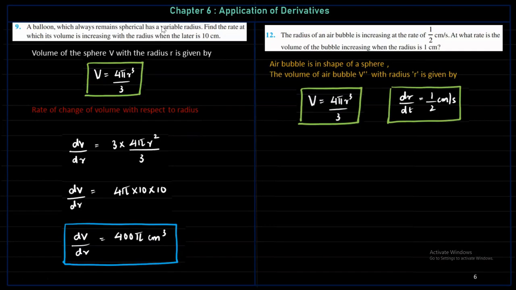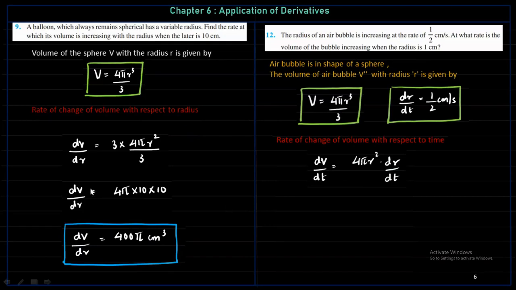Differentiate V with respect to t. So you will be getting 3 multiplied by 4 pi r raised to the power of 2 divided by 3 multiplied by dr over dt. 3 and 3 will cancel out. Now 4 pi r square. What is your r? r is 1, so I can ignore that. 4 pi multiplied by half.